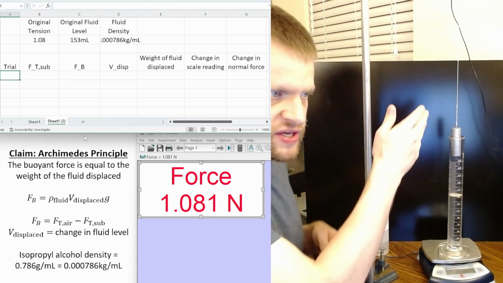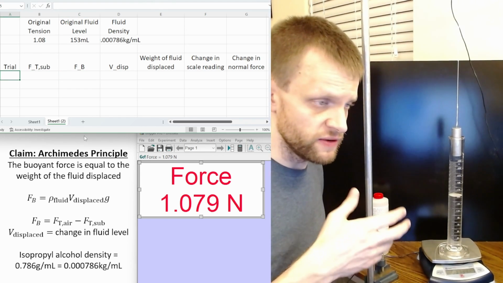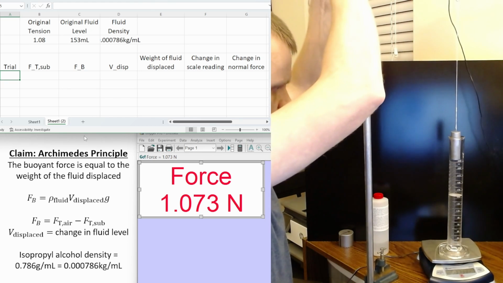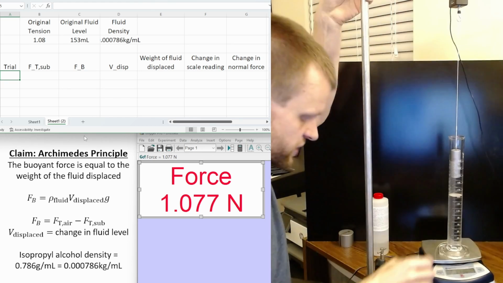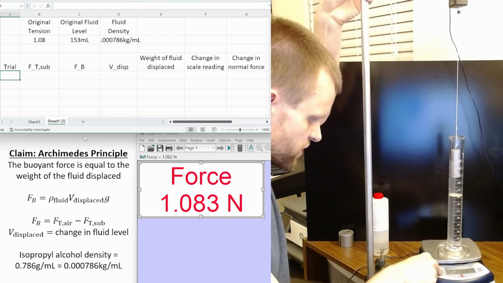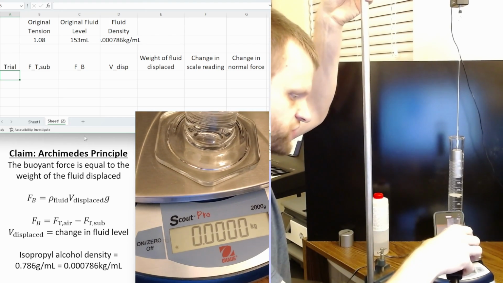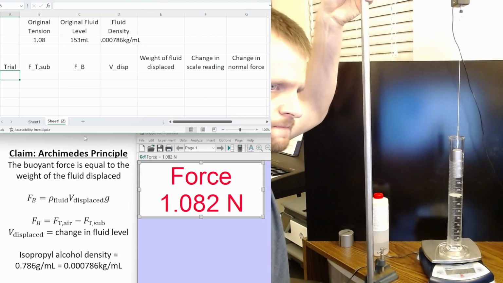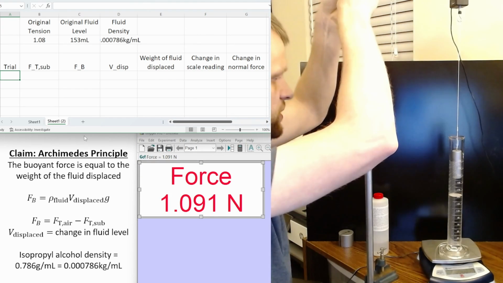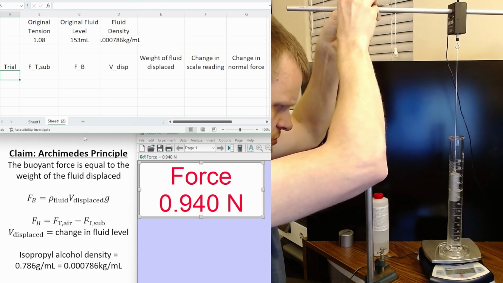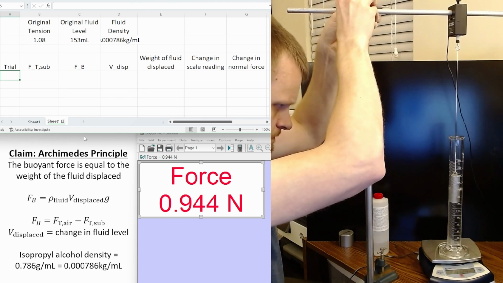And let's just do the half submerged and then the fully submerged cases. So we'll do 2 cases for this. So I'm going to move this down. Actually, we need to make sure that this is zeroed first. So again, our scale is 0 to begin with. And then let's give this a start. So here we go. We want around half submerged.